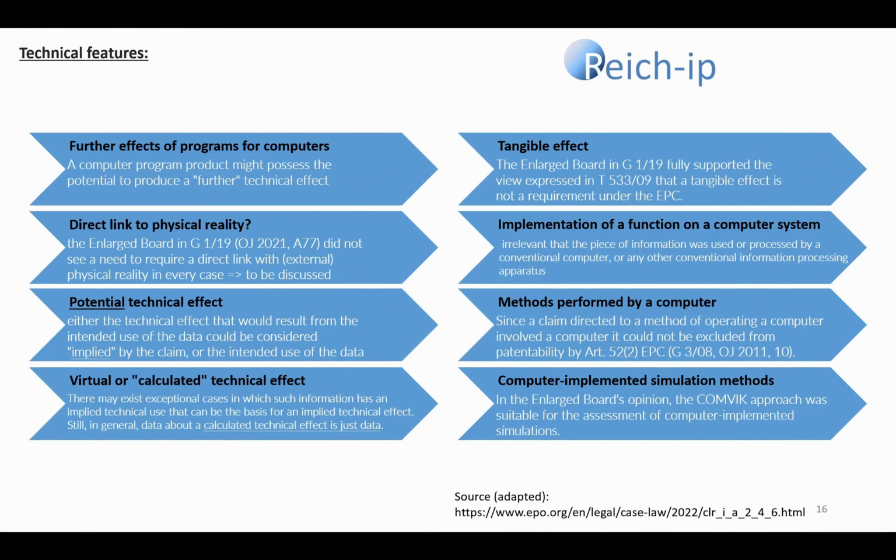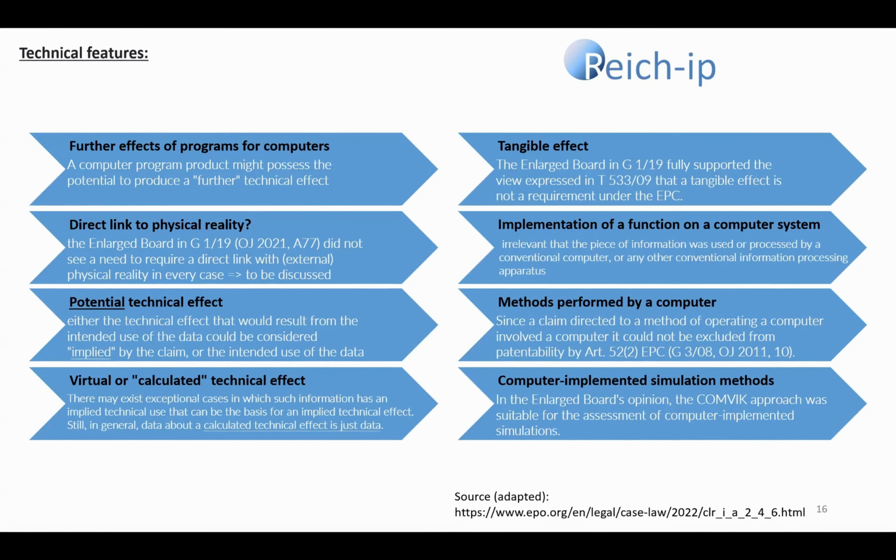So this means the typical launching of programs or execution of programs on computers is excluded from patentability. What you really need is a further effect. For instance, if you save memory or you use less computation time regarding CPU or GPU, this is a further effect of programs on a computer. So this is rendered technical and might lead to a grant.